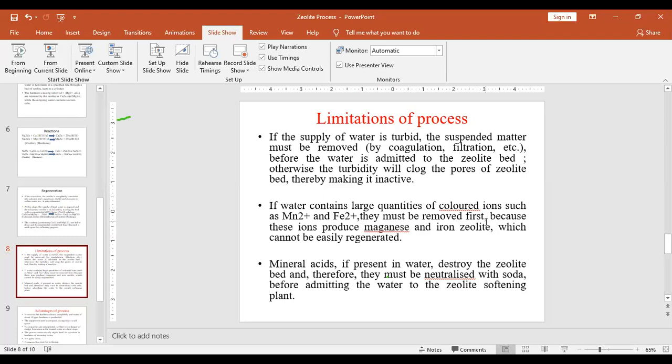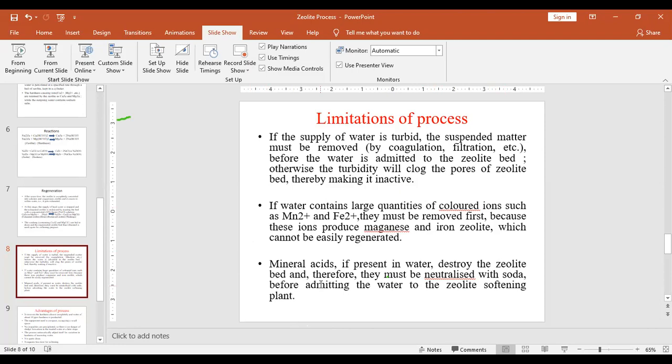If water contains large quantities of colored ions such as Mn2+ and Fe2+, they must be removed first because these ions produce manganese and iron zeolite, which cannot be easily regenerated. आयर्न आणि मॅंगनीज जर zeolite बरोबर रिॲक्ट झाले तर त्याचं रिजेनरेशन प्रोसेस होत नाही आणि एकदा का सॅच्युरेट झाले zeolite तर तुम्हाला ते कम्प्लिटली चेंज करावं लागतं. सो दॅट्स वाय if you want to go for such kinds of treatment process, at that time you should apply the color removal treatment before it is going to the zeolite method.